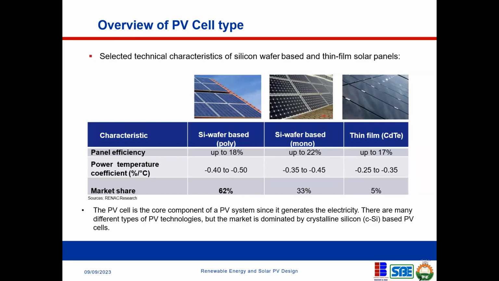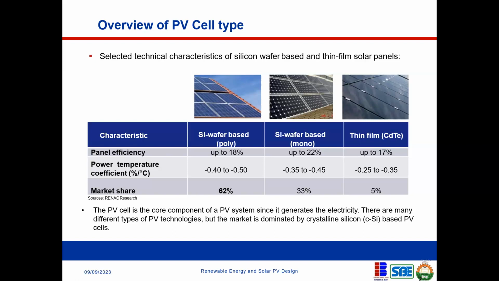But essentially, this is where thin film solar panels gain strength. Thin film solar panels have a higher tolerance for higher temperature. As the weather temperature goes up, it reduces the efficiency of your mono and polycrystalline solar panels, but thin film has a higher tolerance for high temperature.